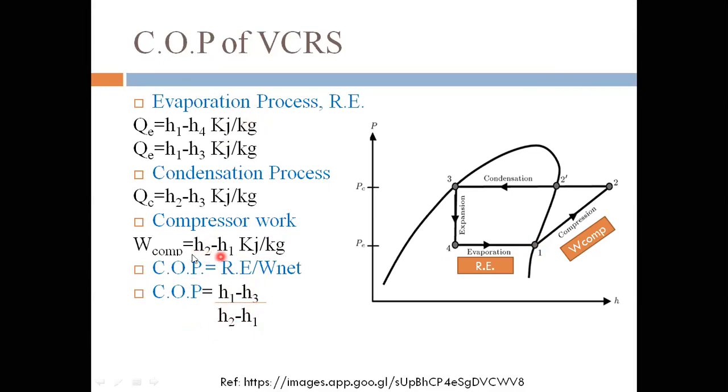So this is the COP of the VCRS cycle. By utilizing these enthalpy values, we can find the COP of the VCRS system. In that, we require 3 enthalpies, H1, H2, and H3. If you have the values H1, H2, and H3, you can find the COP of the VCRS.